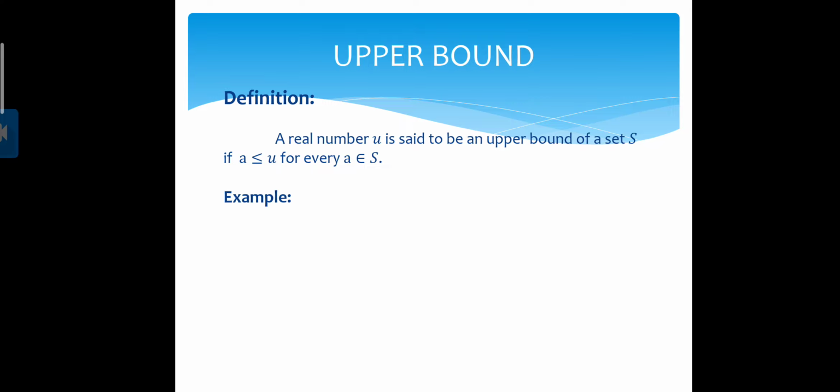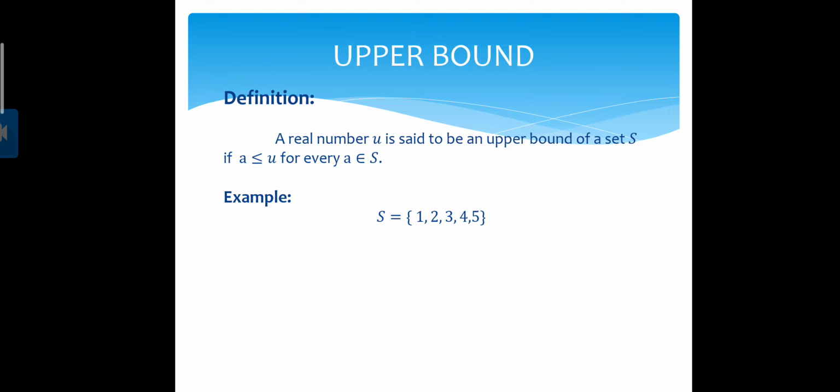So let us see an example. We'll get an idea. S is equal to {1, 2, 3, 4, 5}. We need to take an element which is greater than or equal to all these elements. What is the greatest element among these? You obviously know that 6 is greater, 7 is greater, and so on. 6 is greater than 1, 6 is greater than 2, 6 is greater than 3, 6 greater than 4, 6 greater than 5.